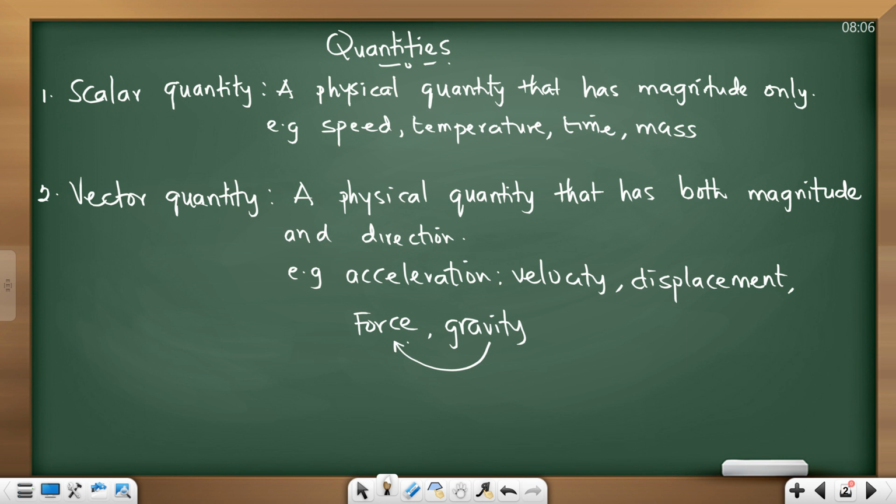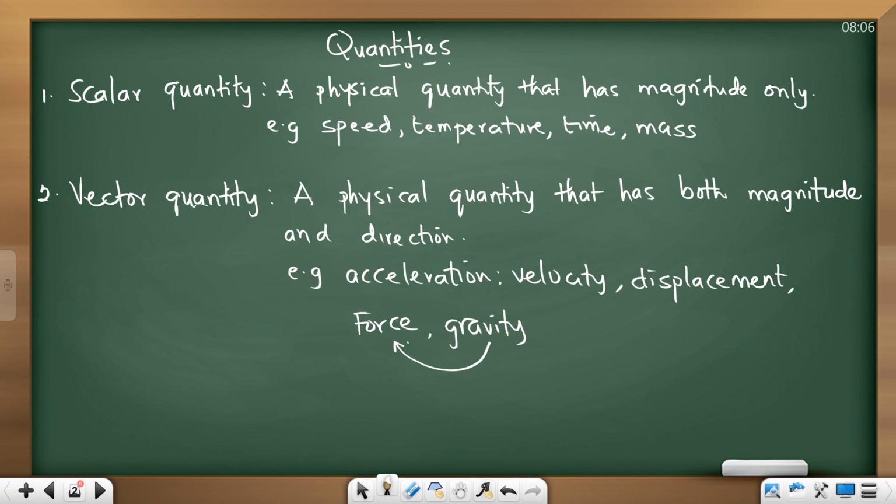Now, our focus in grade 11 would be to use force. Is that okay? Force. Now, we are going to start by talking about the representation of a vector quantity. So this is grade 10, and we're good.